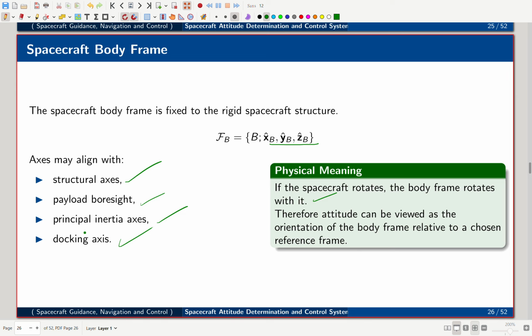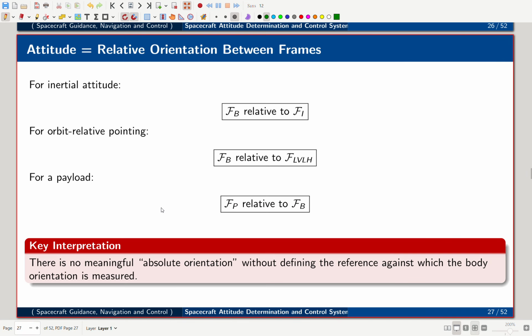Therefore, attitude can be viewed as the orientation of the body frame relative to the chosen reference frame. So basically, if we see the body frame rotation with respect to the assigned reference frame, this is called the spacecraft attitude, right? Because this frame is always fixed on the spacecraft body.